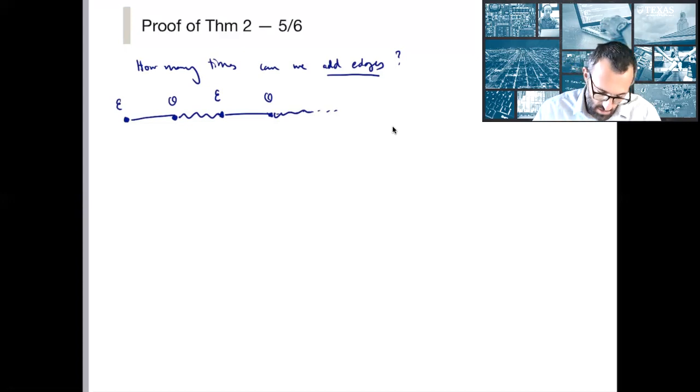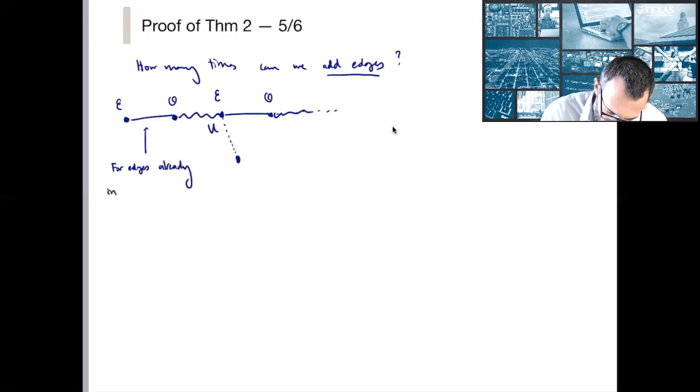Now, the edge that we add has to be of some form like this, where it has one endpoint in a u that's labeled E. So note, first of all, that for edges already in E dash, which recall is the contracted version of EY, these remain tight.